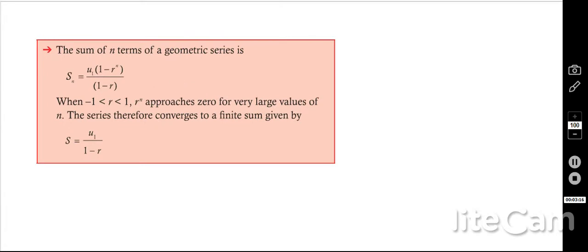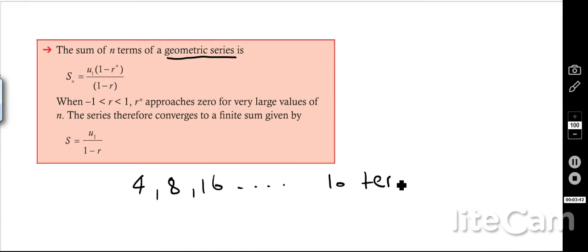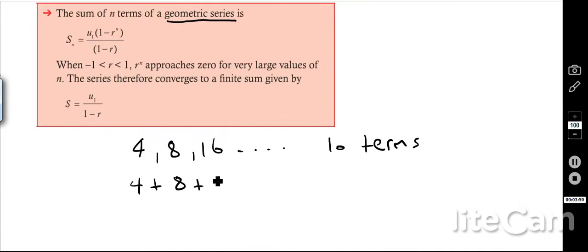And again, as before, we're able to work out the sum of a geometric sequence, and when we add the terms together we call it a geometric series. This is the formula here. Let's try it as before. Say I wanted the sum of the first 10 terms of the same sequence. So what I want is 4 plus 8 plus 16 all the way up to that 10th term.